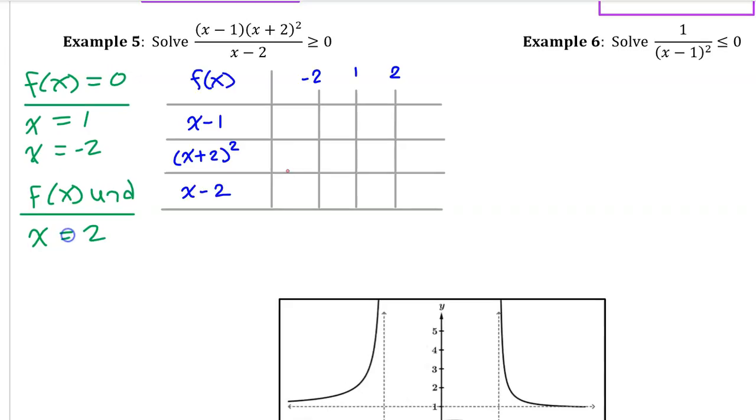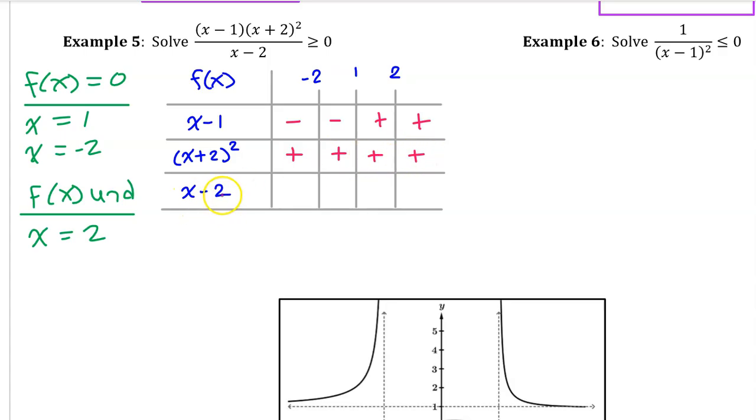Sign chart. Set up your sign chart like this. X minus 1 gives us the 0 of 1. It's going to be negative to the left and positive to the right. X squared plus 2 gives us a 0 of negative 2, but that doesn't really matter because this factor is being squared. So it is going to be positive in every interval.